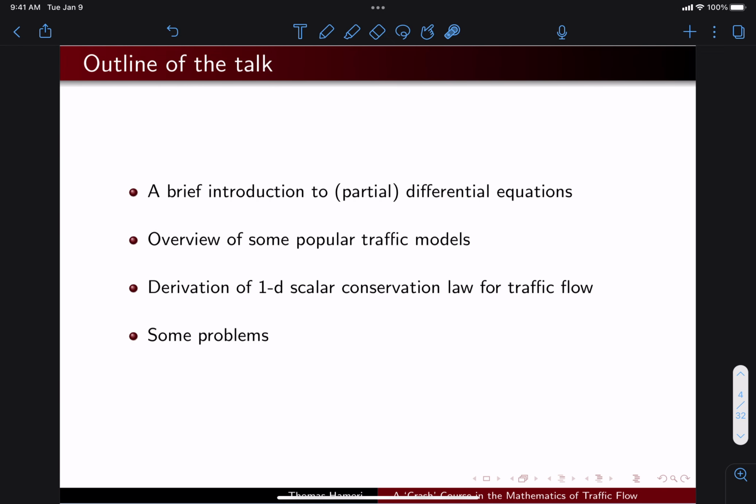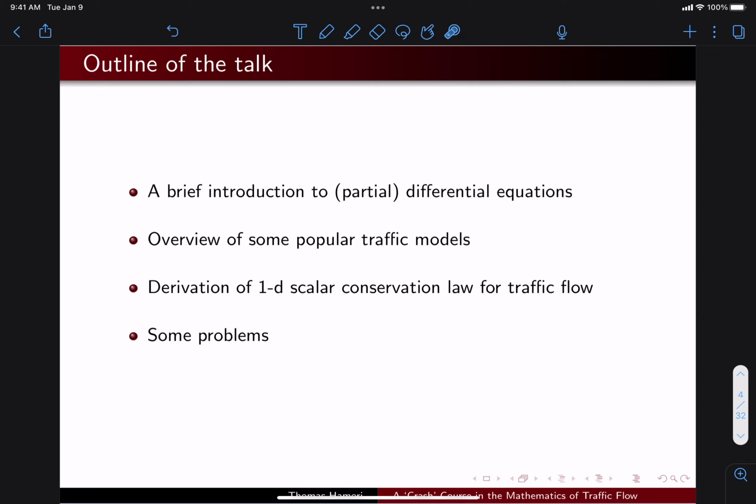So for the outline of the talk, I understand that you're mostly calculus students, so we're going to have an introduction to partial differential equations that is not going to be too hardcore, I promise. I only have 2 or 3 slides. Then I'm going to go over a handful of popular traffic models, and then we're going to get into the derivation of the 1D scalar conservation law for traffic flow, which is more in my vein of research.